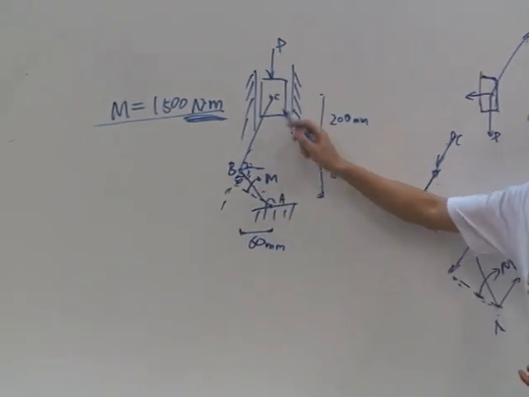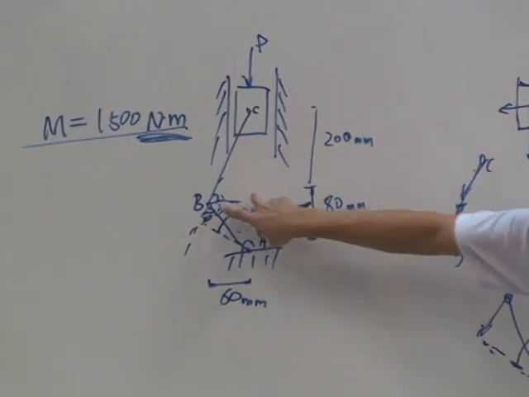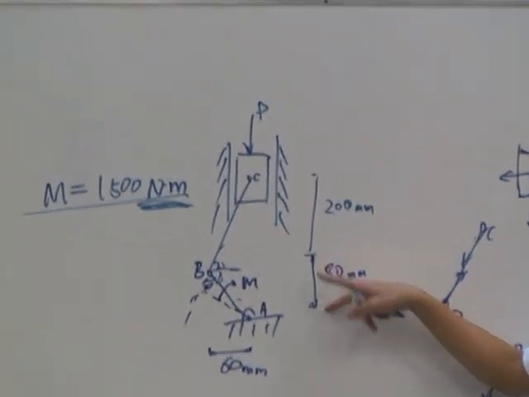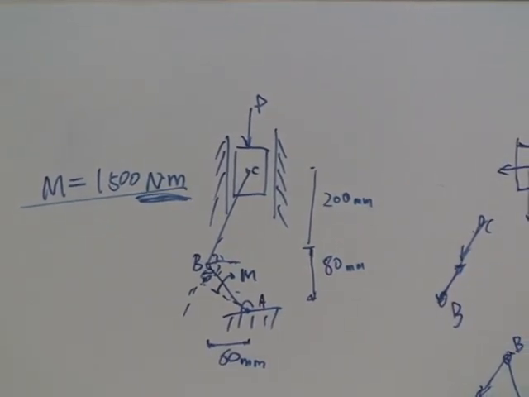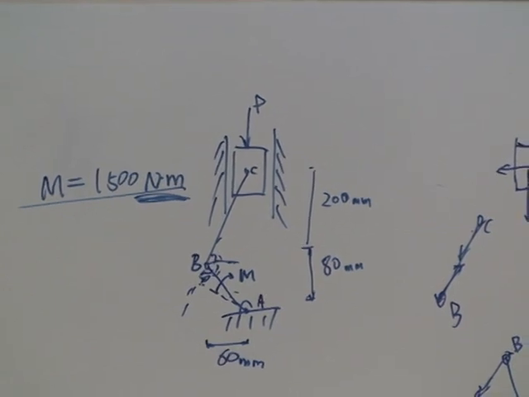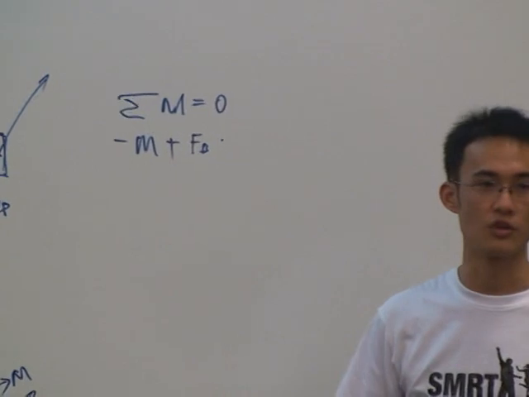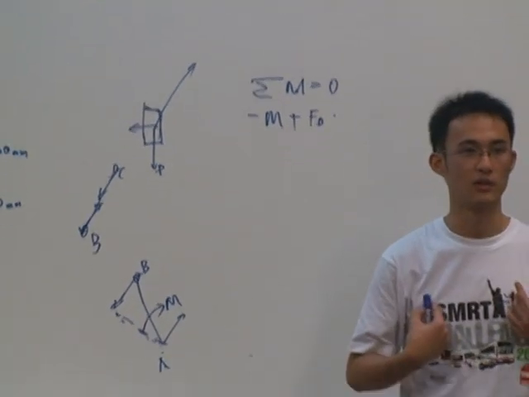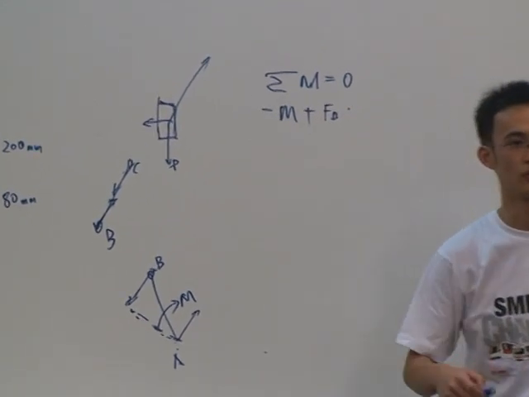This angle can be calculated from this one and this one. And this one angle can be calculated from this 80 divided by this 60, its tangent value. So this calculating part I won't go through with you again. I assume that you know this geometry knowledge. But if you don't know, you come and approach me later, or you can just ask me now. I will go through it with you. Don't worry.